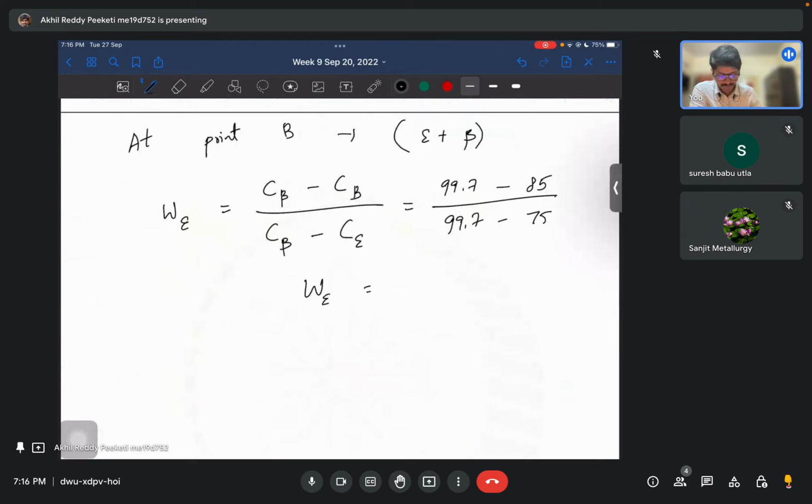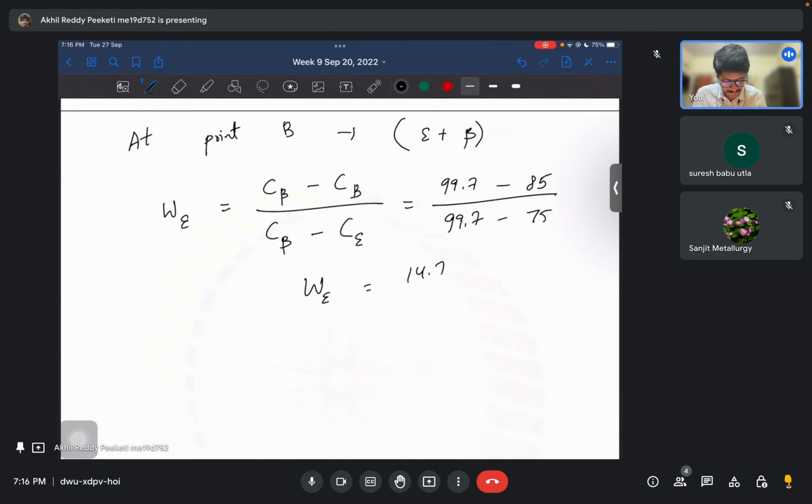So this will give us the fraction of epsilon phase at point B. So let's do the calculation. 14.7 by 24.7. Is that correct? 15.7 by 24.7. Okay. So it's almost 59.5%.